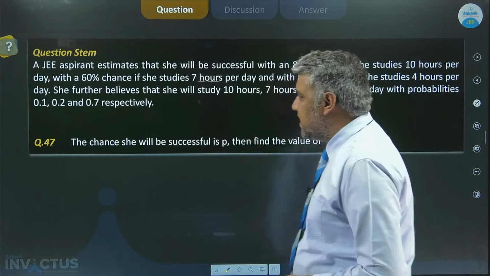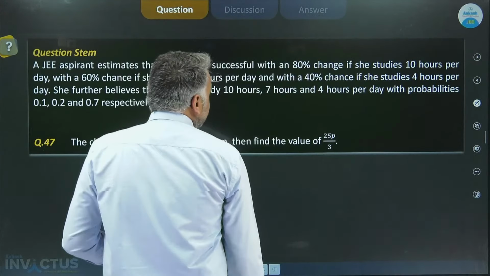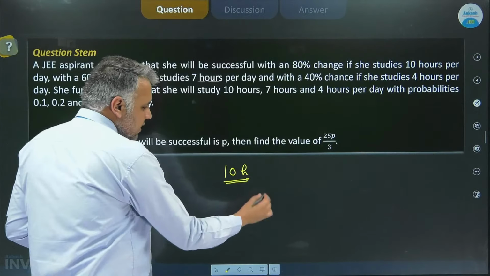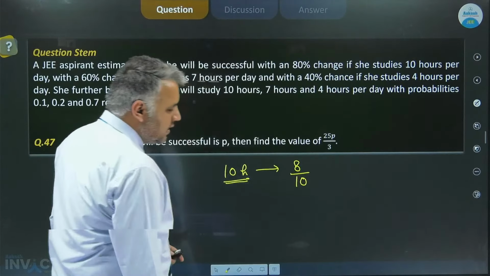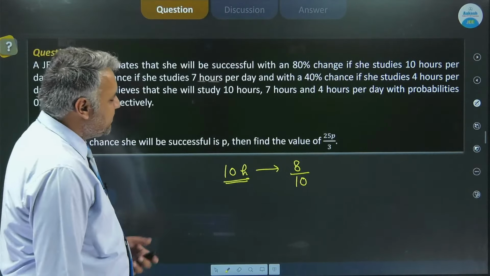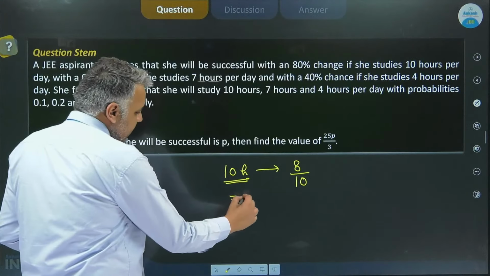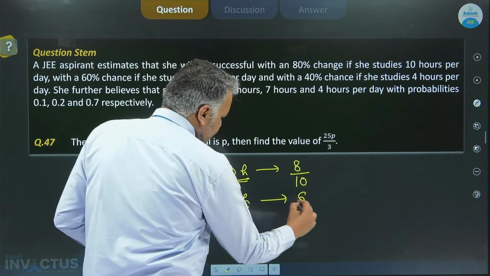A JEE aspirant estimates that she will be successful with an 80% chance if she studies 10 hours per day. If she studies for 10 hours, she knows that her chances of success are 80%, means probability is 8 by 10. Similarly, for 7 hours study, her chances of success is 60%, means 6 by 10.